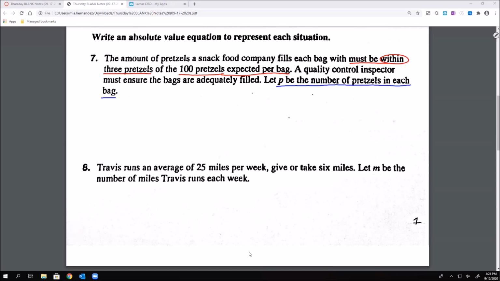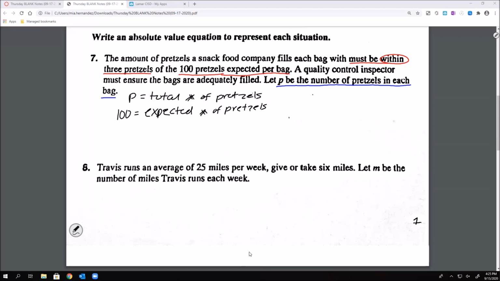So we said P is the total number of pretzels per bag. 100 is the expected number of pretzels per bag. And then we also know that the amount in each bag must be within 3 pretzels of that 100 expected.